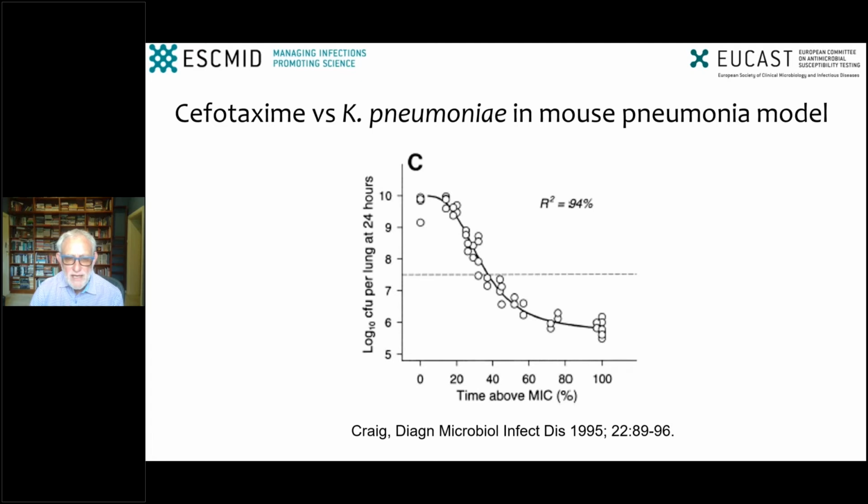There's a bit of a flatter curve here with this particular known model, published in 1995, showing the time-dependent drug cefotaxime, as all beta-lactams are, against Streptococcus pneumoniae and Klebsiella pneumoniae in the mouse pneumonia model.